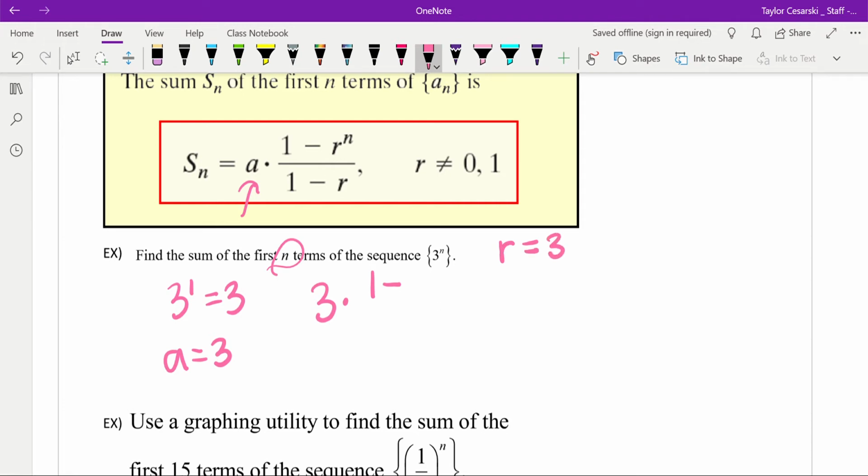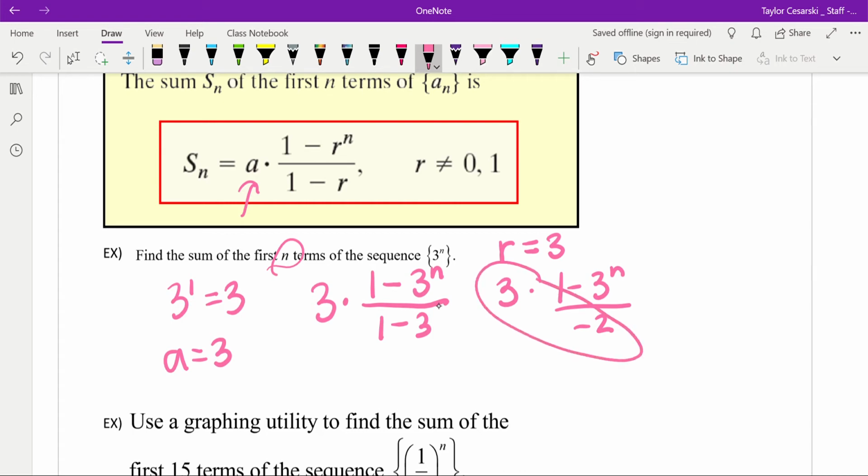So 1 minus 3 to the n, because that's the first n terms, over 1 minus 3. Like I said, we're going to be able to simplify this a little bit, but it's obviously not going to equal a number. So 3 times 1 minus 3 to the n over negative 2. So I can simplify this, so negative 3 halves, 1 minus 3 to the n.